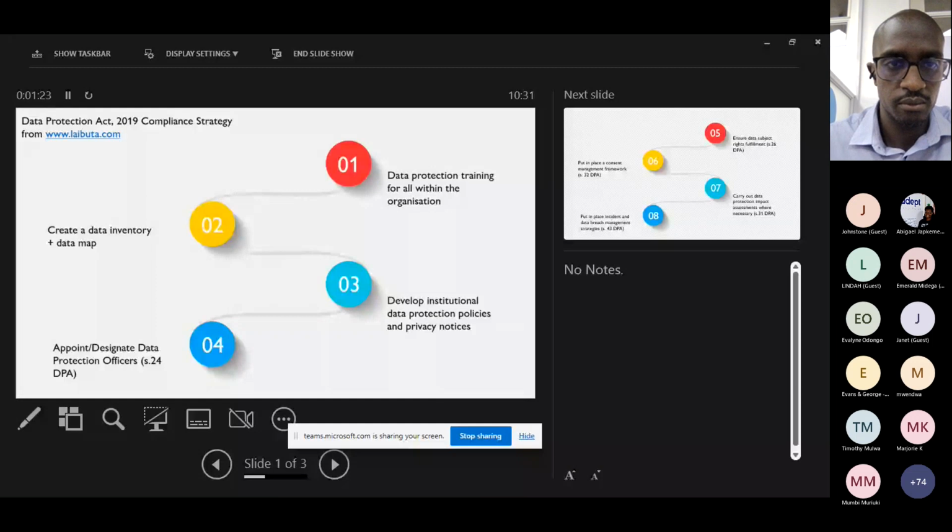In my view, if the training is 1 hour or 2 hours, that's really not even a sensitization training. In my years of experience, when you carry out a sensitization training of at least 6 hours, covering all the aspects of data protection compliance, then you can say that is a sensitization training. In terms of certification and deeper training, you need at least five days or more.